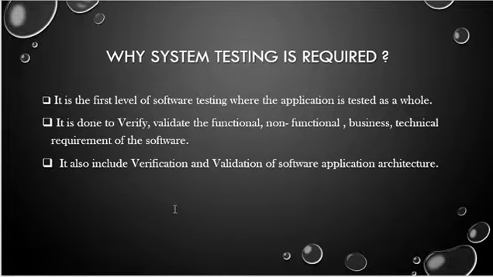The third statement states that it also includes verification and validation of the software application architecture. Not only testing in the form of client requirement, but also testing in the form of the complete architecture of a software. When both architecture and the client requirement are satisfied, I can say that my system testing is successful.